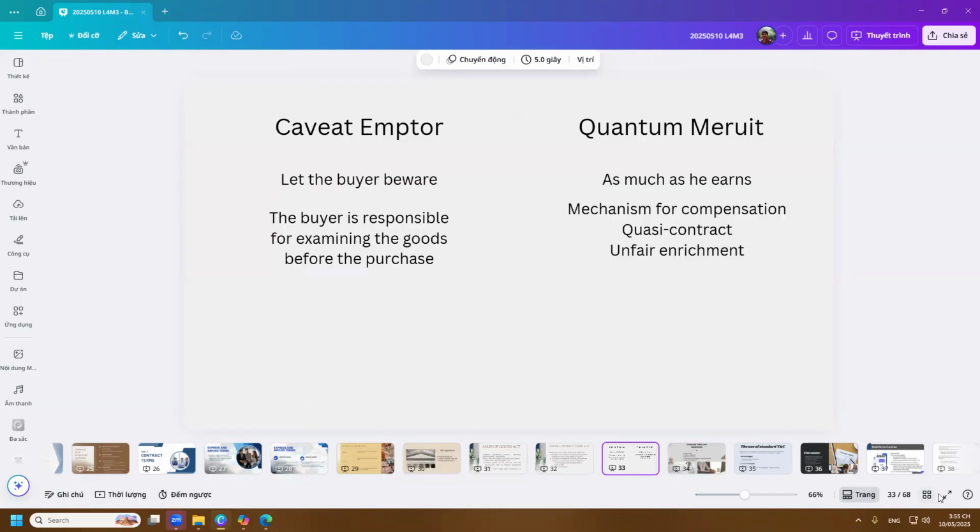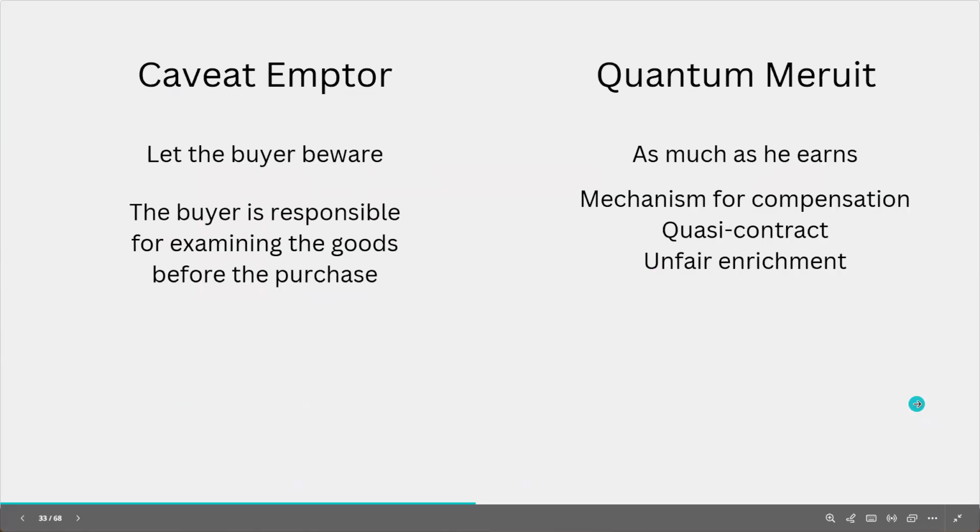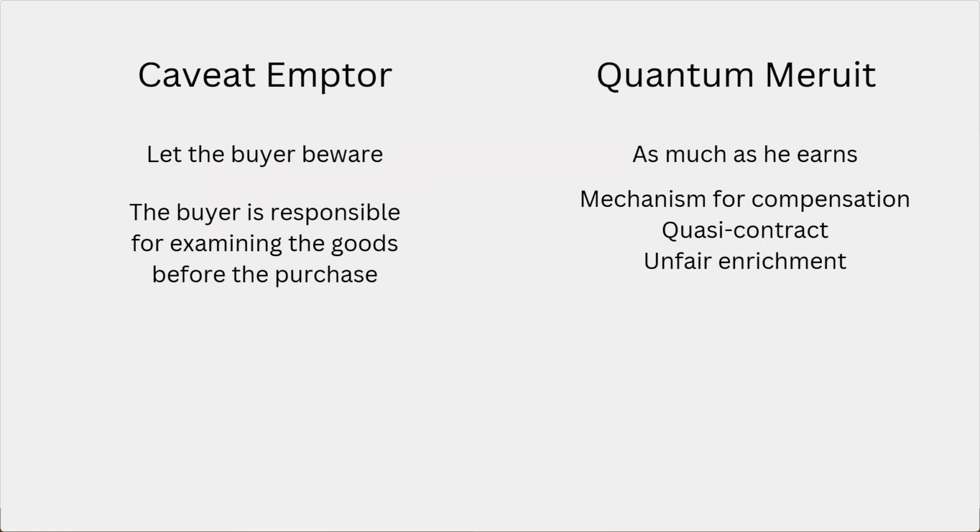Here, there are a few other principles in Latin phrases. Like caveat emptor. Caveat emptor means let the buyer beware. It means that the buyer is responsible for examining the goods, and they must be careful before making the decision to purchase.